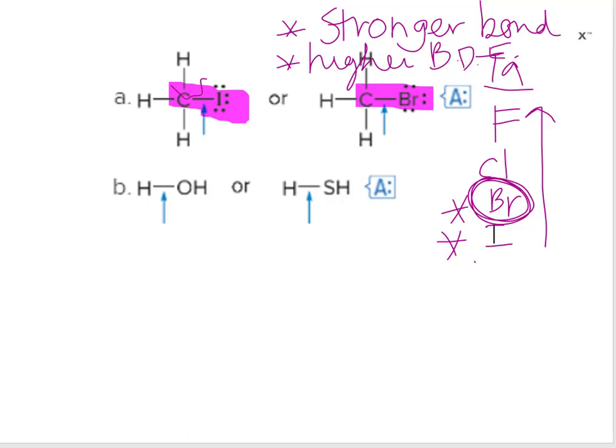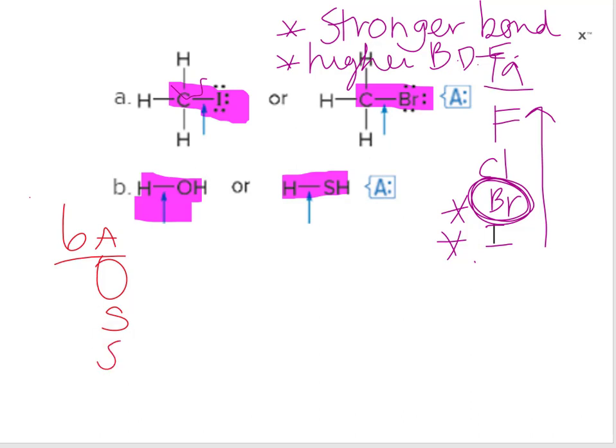Now, if we were to look at the next two examples, we have H bonded to O, we have H bonded to S. Now, if we were to look at H bonded to O and H bonded to S, we can see that O and S are in group 6A, we have oxygen and then sulfur and then selenium.